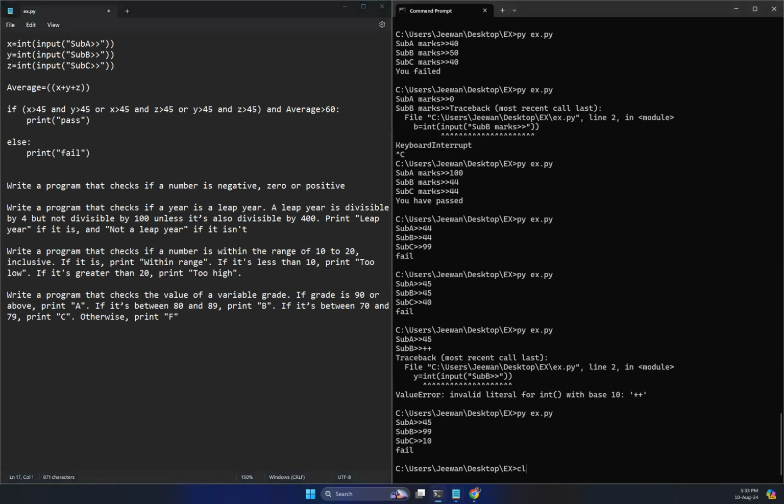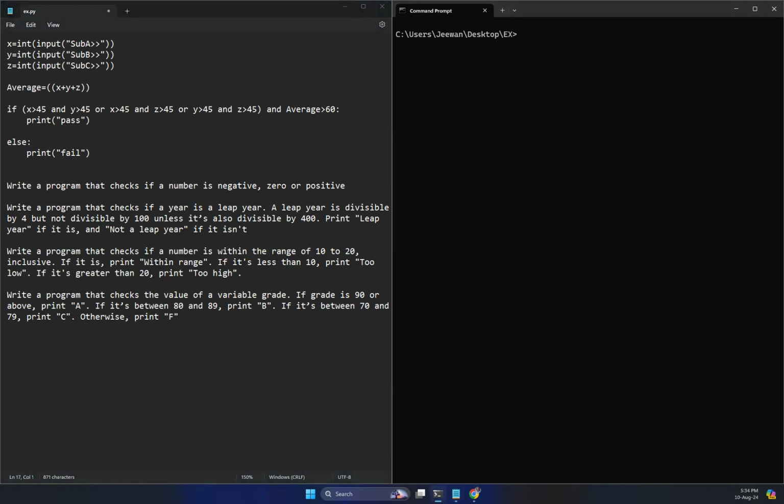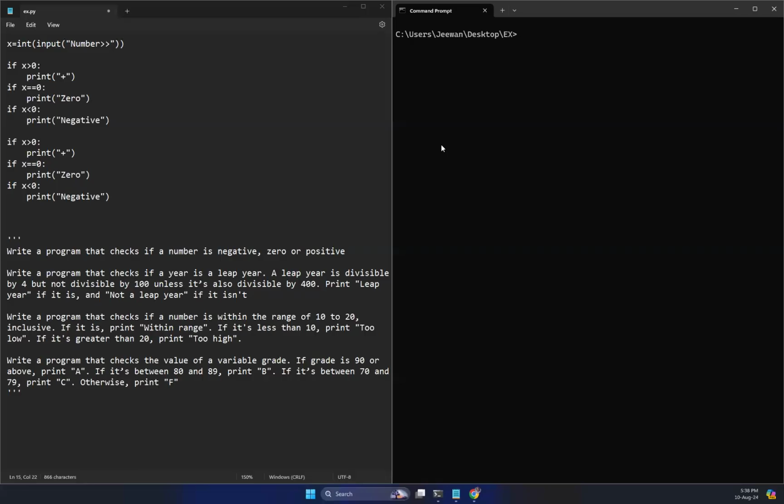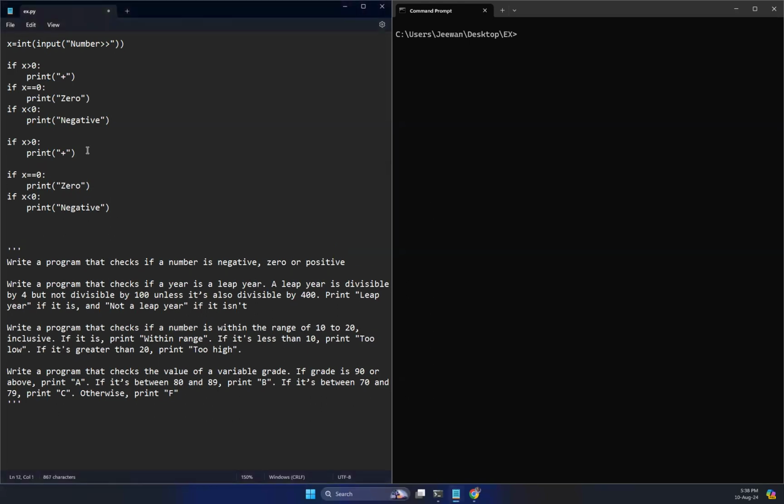Okay, try these ones quickly. Right now, if X is greater than 0, positive, if not, that means we are going to else, right? Else, and then I can have like this. Then I don't have to check another condition.